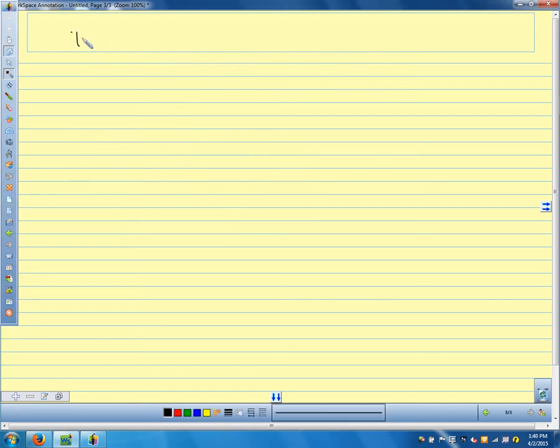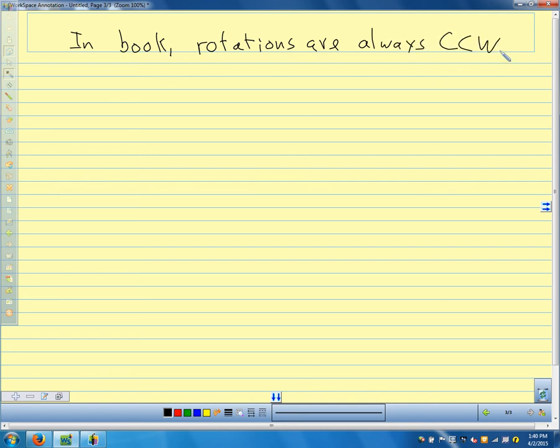Okay? All right. So in the book, our rotations are always counterclockwise. So I'll say CCW for counterclockwise. So when the book says a rotation, it's always talking about a rotation counterclockwise.